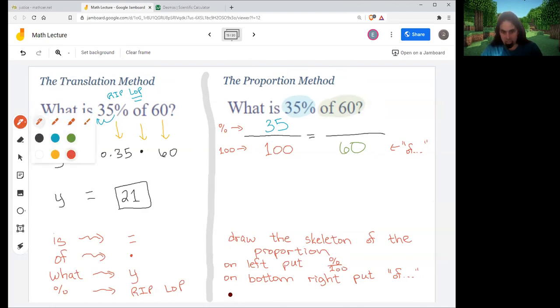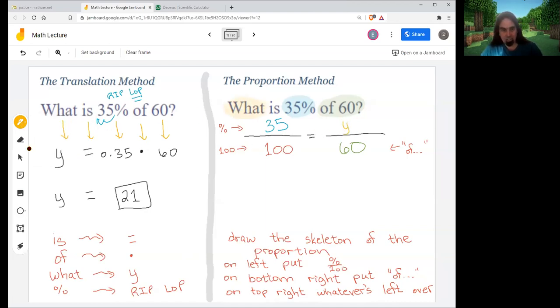And then lastly, on the top right, there's whatever's left over. So what have I not used yet? I haven't used my what. So that's what goes up here.